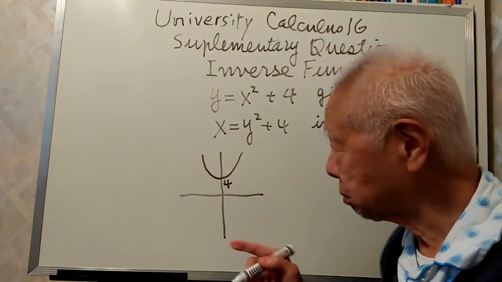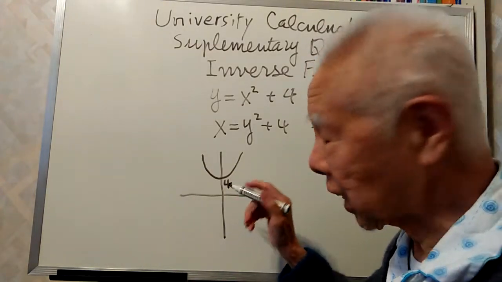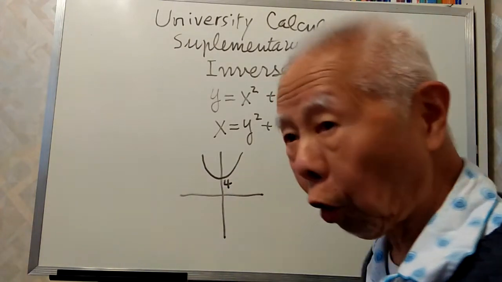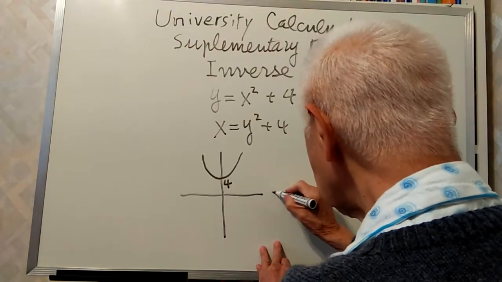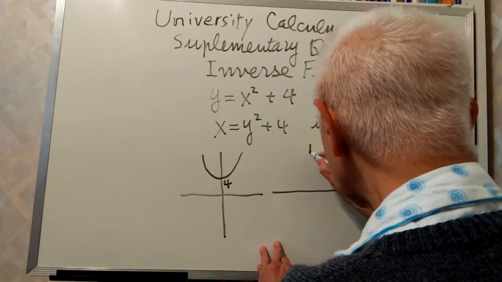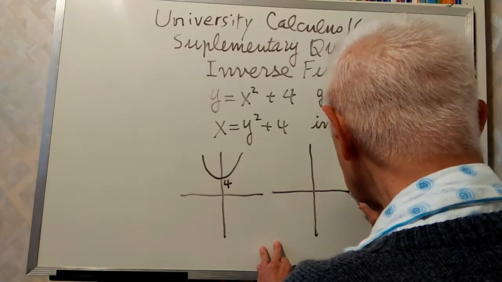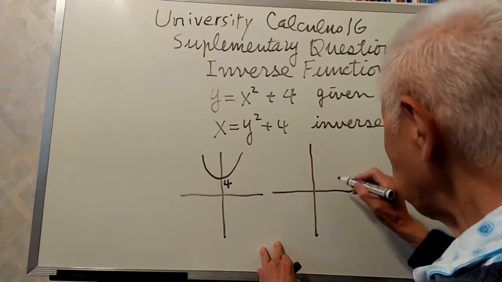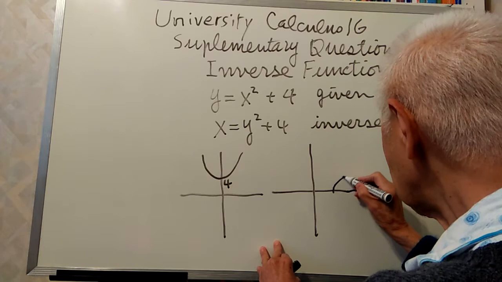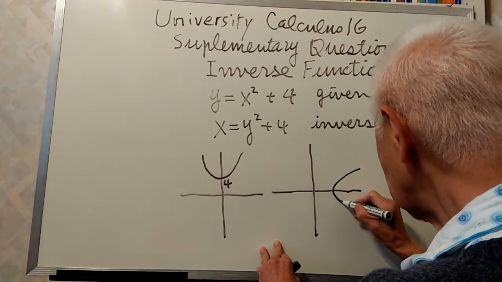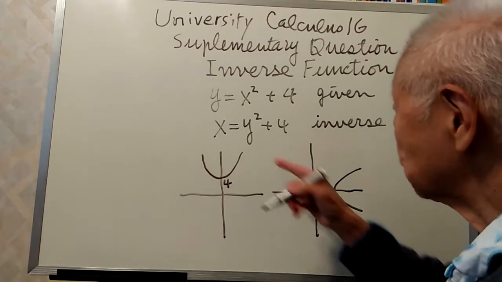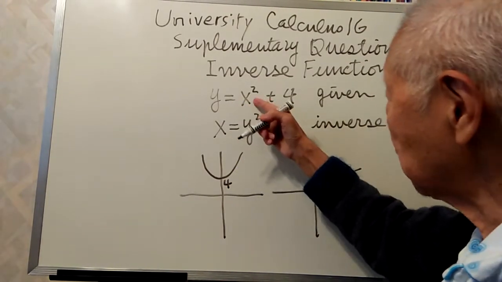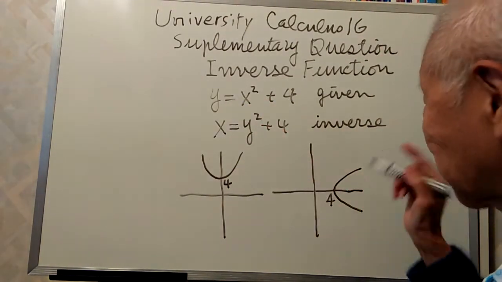It's a parabola. The vertex is at 0, 4. What is the inverse function? It's this. So the inverse function is change y to x, x to y, and it looks like that.